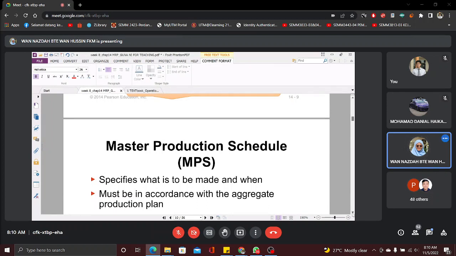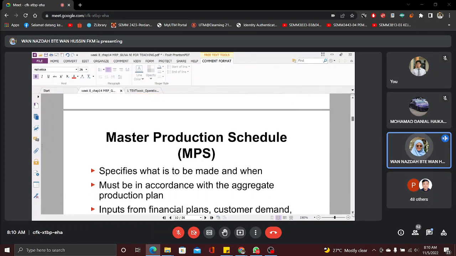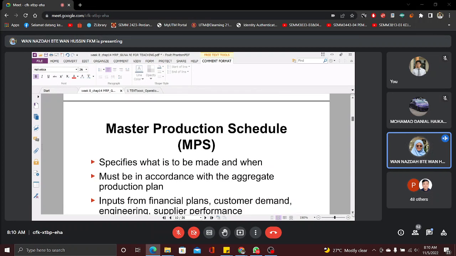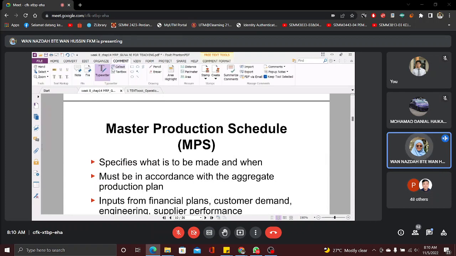And this master production schedule must be in accordance with the aggregate production plan. So before you will be able to construct the MRP, what you need to have is the master production schedule, and the second thing is the aggregate production plan.